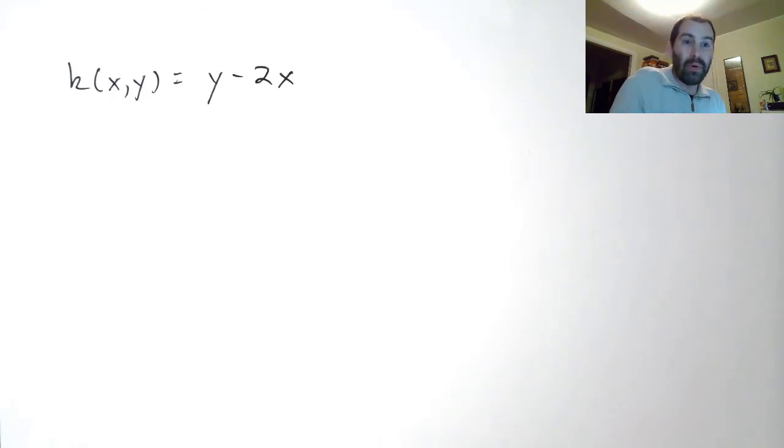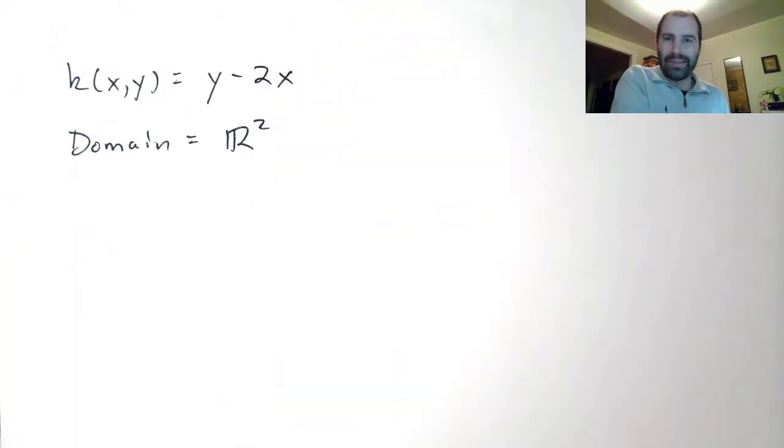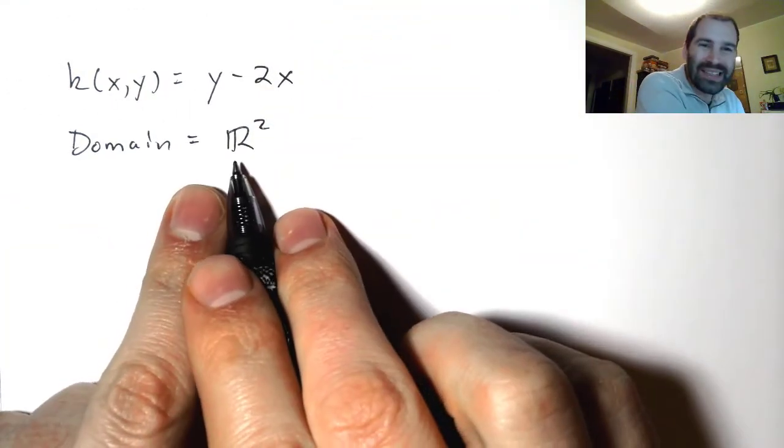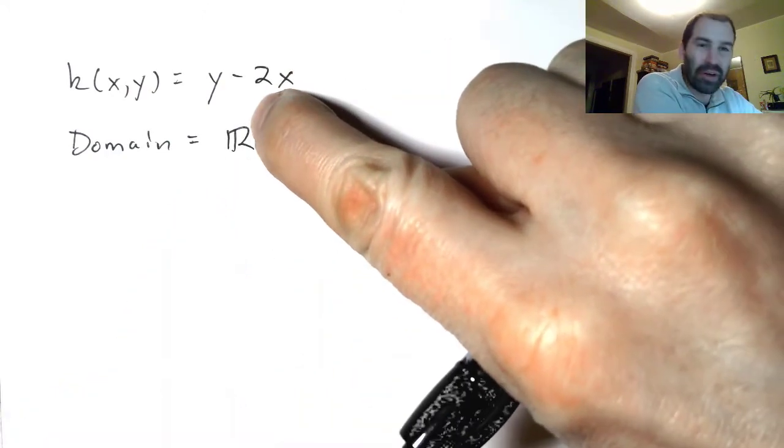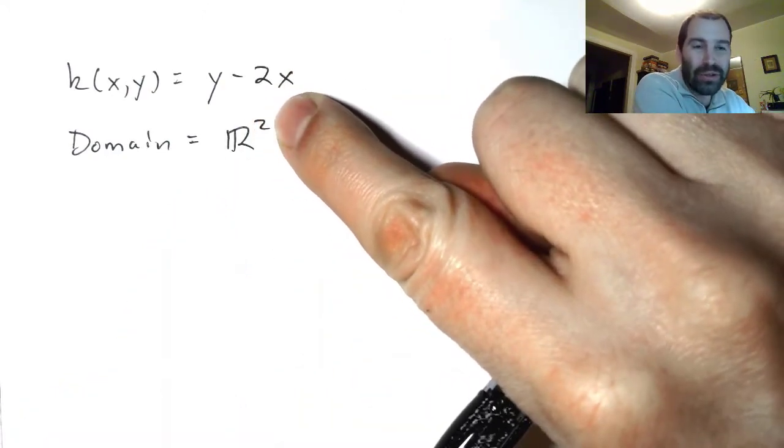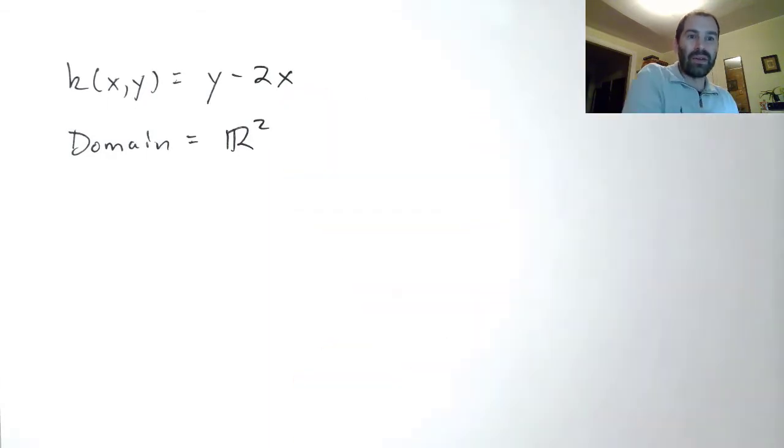So that means that all points are in the domain. In other words, the domain is all points, right? So here's what I would write. Now, what is that? Well, this is a fancy R, and it stands for, so R stands for the real numbers, right? When I write R2, it means the real numbers and another copy of the real numbers.